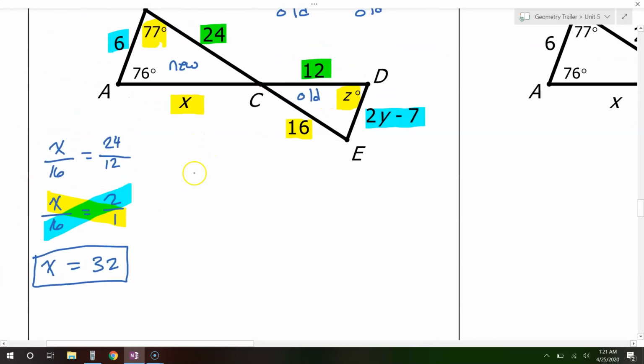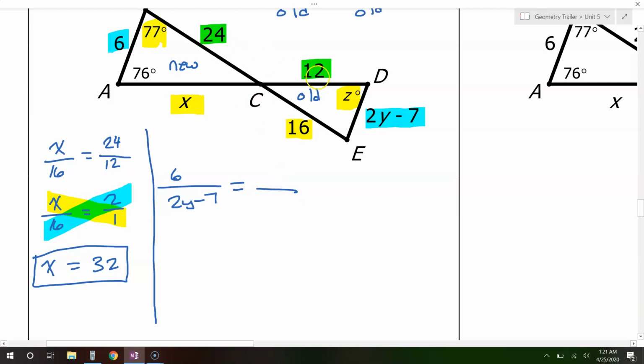Okay, now let's find y. So new over old. Okay, so I'm going to do 6 over 2y minus 7. All right, I'm just going to keep doing new over old equals new over old. So 6 over 2y minus 7 equals.